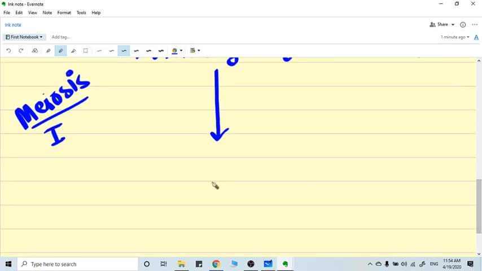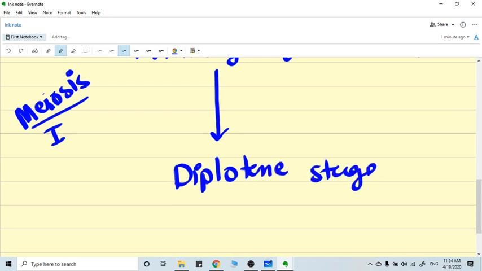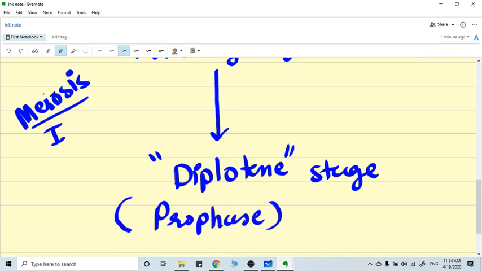It is arrested in the diplotene stage. The diplotene stage is a sub-stage of prophase. So yes, primary oocyte is arrested in prophase, and specifically the diplotene stage of the prophase.